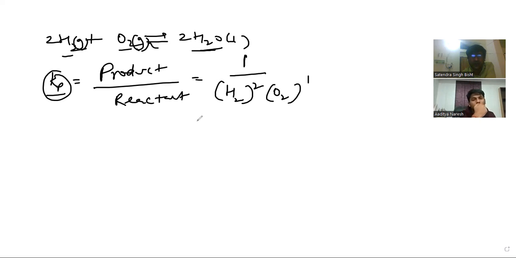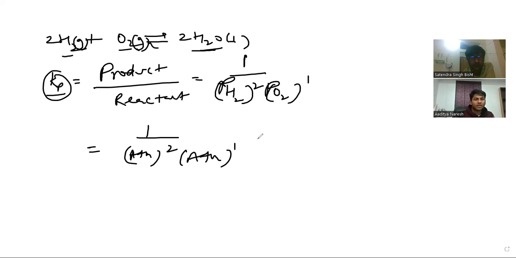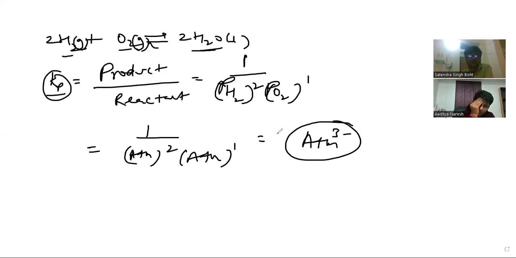The unit of pressure of hydrogen and of O2 is atm, so it should be atm squared and here atm. So the unit is atm to the power minus 3.